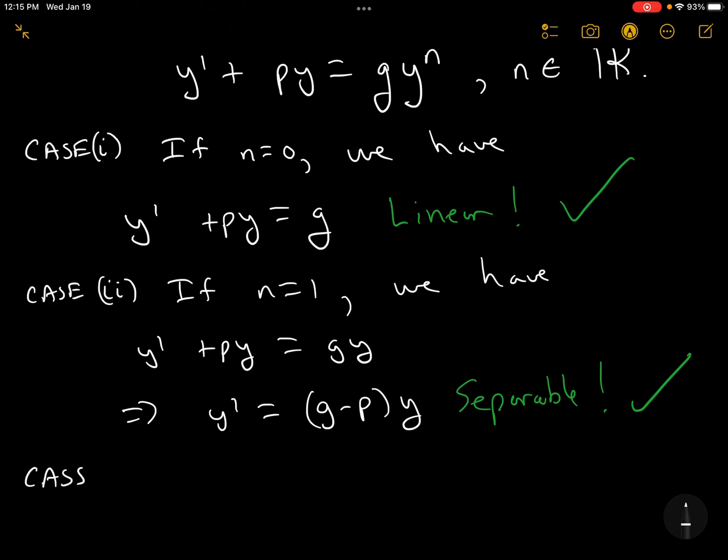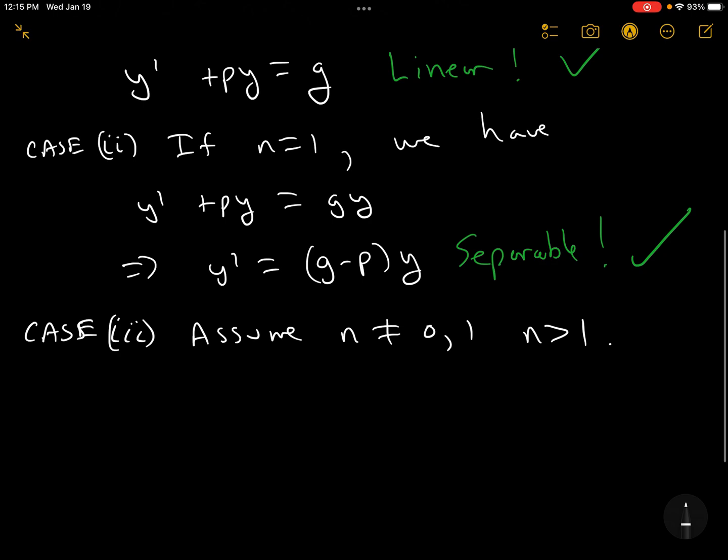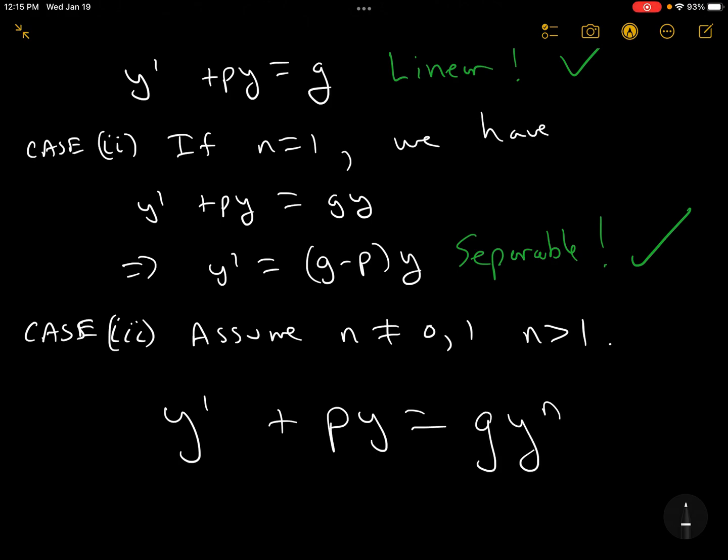Okay, so case 3. We're going to assume that n is not equal to 0 or 1. In fact, let's say n is bigger than 1. Okay, so we have y prime plus p y equals g y to the n.